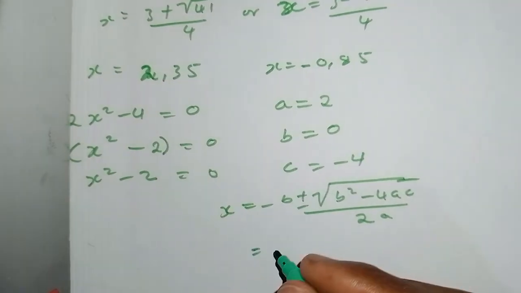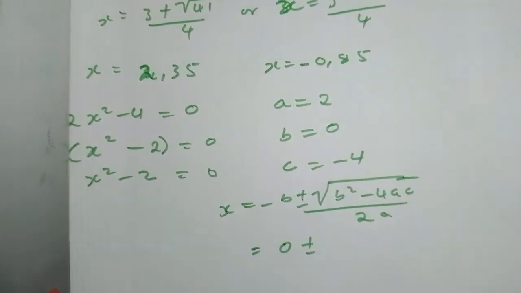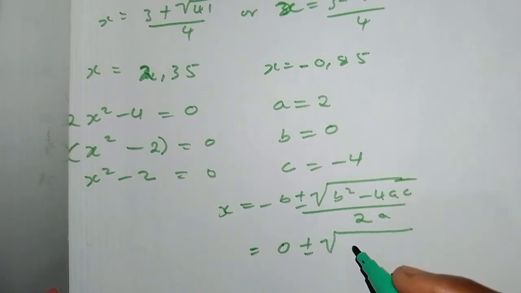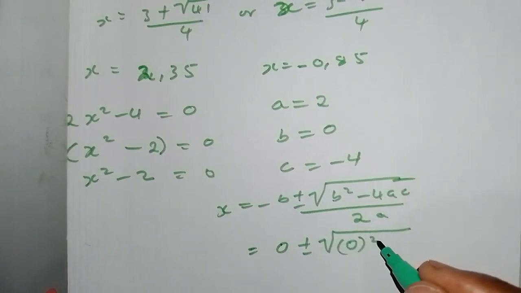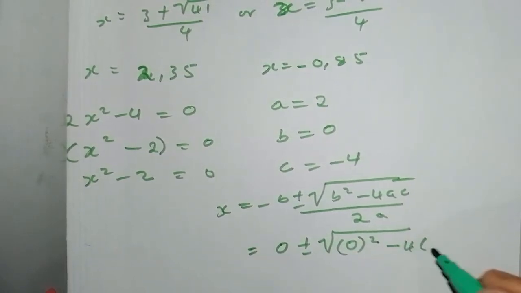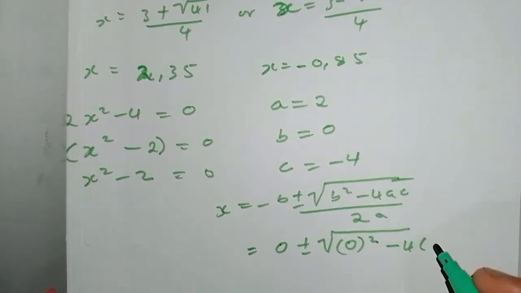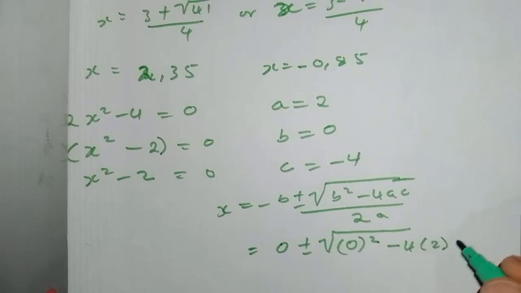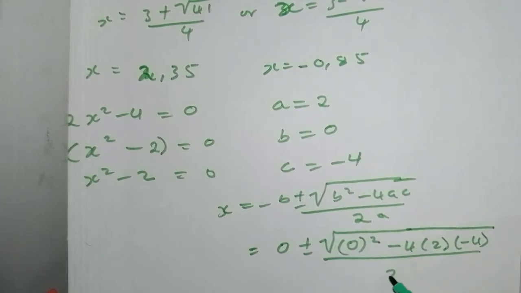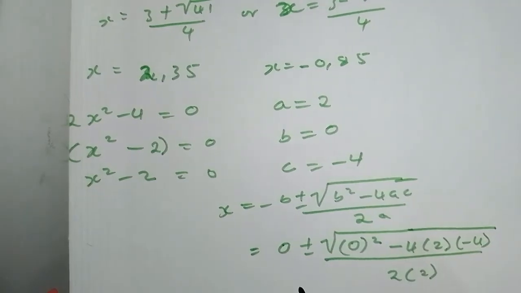Then I'm going to have 0 plus or minus square root of 0 squared minus 4 into the value of a, which is 2, the value of c, which is minus 4, all over 2 into 2. This will just give me the square root of, I believe, 32.